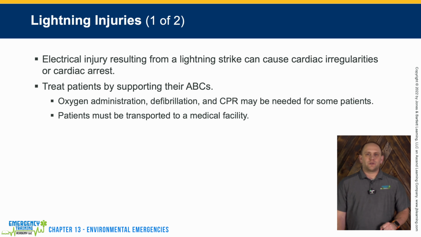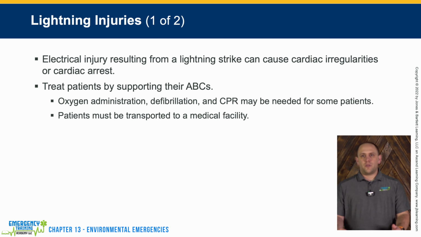Another environmental injury that we need to pay attention to is going to be our lightning strikes or lightning injuries. This is an electrical injury due to lightning striking either the person or near them, and it can cause cardiac irregularities or cardiac arrest.